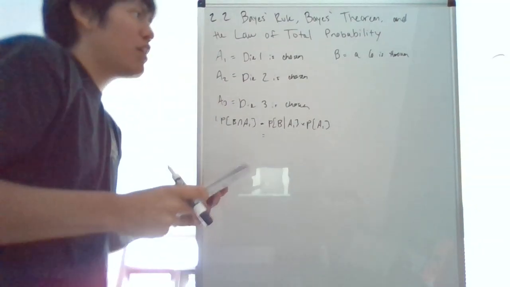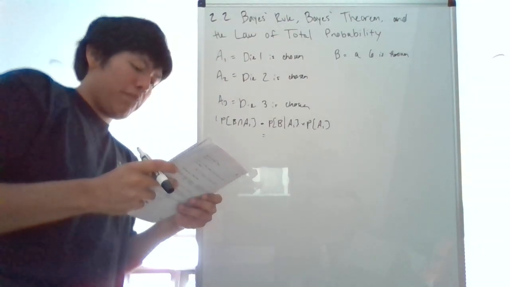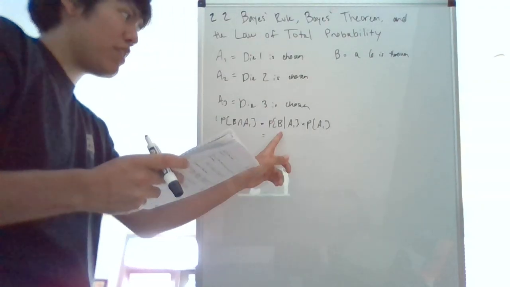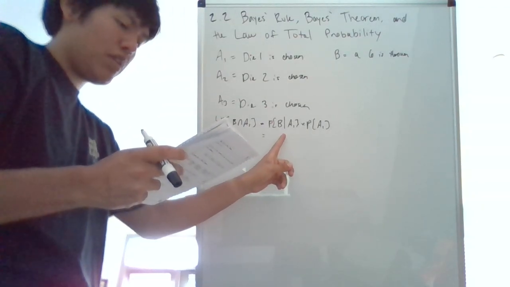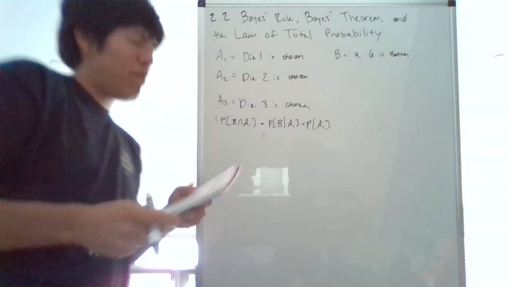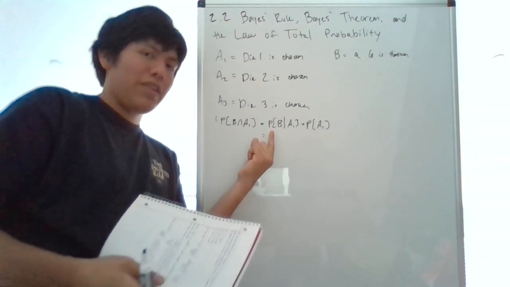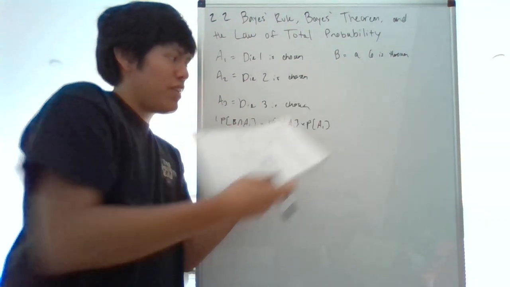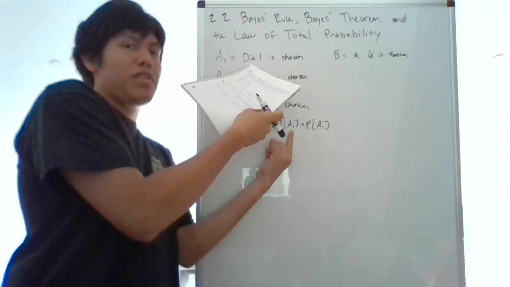The probability of B given A sub 1 is equal to P. Let's take a look at this. What is the probability that we throw a 6 given we chose die 1?